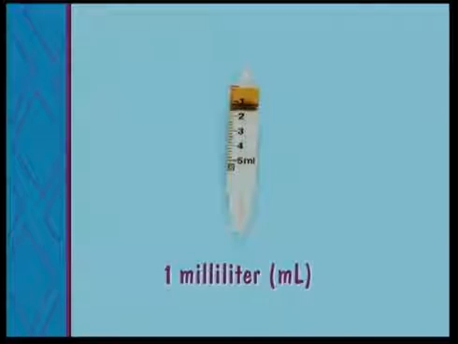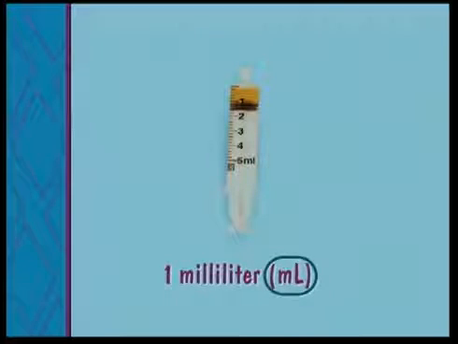So capital L is what I like to use, what most people do use, but sometimes you will see it as a lowercase l. So if you see it that way, don't think, oh, that's a mistake. But I would like for you to do it uppercase, all right? And then the abbreviation for milliliter is M for the milli, and then the L for the liter. So little m, big L. That's our abbreviation for milliliter.